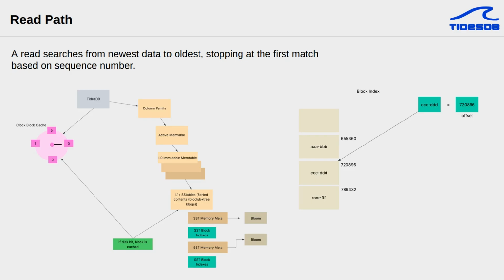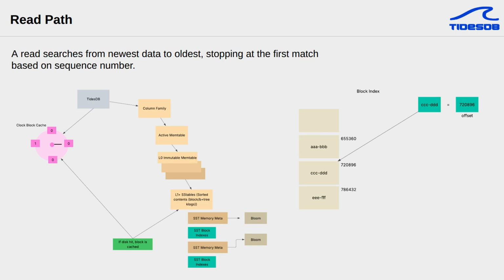If we determine we should, we check the Bloom filter, and if the Bloom filter tells us this key could be in here, we utilize the block indexes in TidesDB, if enabled. At that point we get the specific block offset in which that key lives.